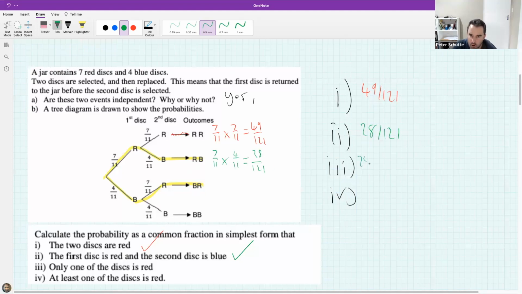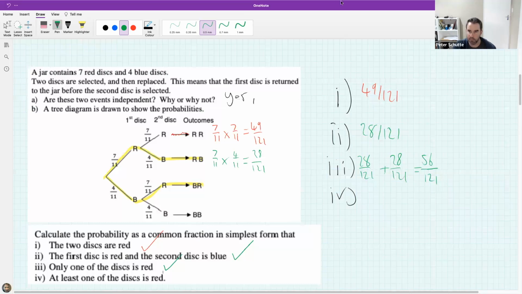Now you already know that the one branch is 28 out of 121. But now you also have a second branch, which is 28 out of 121, which you then have, if you put it in your calculator, you'll have 56 out of 121 for the third one. Okay, so when you have two branches, you have to add the probabilities together.